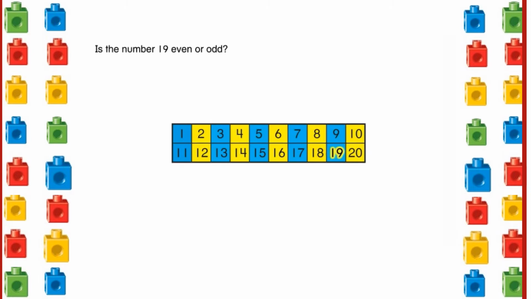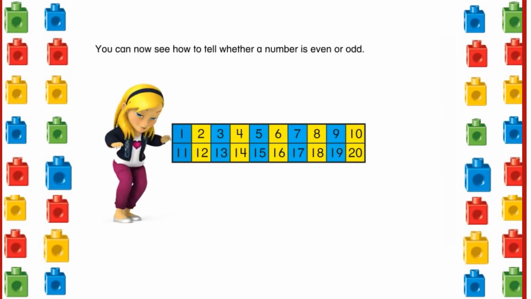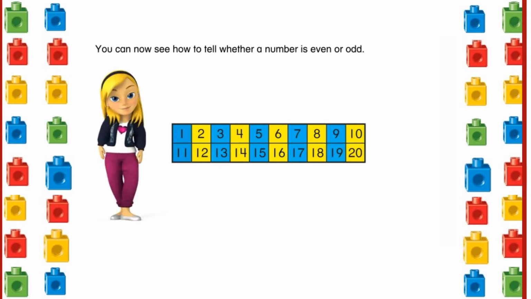Is the number 19 even or odd? Select your answer. The number 19 is odd. The number 19 is odd because 9, the ones digit, is an odd number. You can now see how to tell whether a number is even or odd.